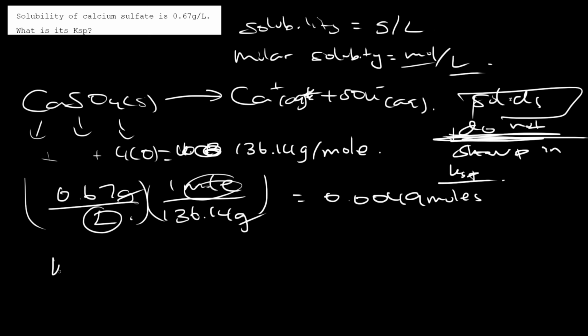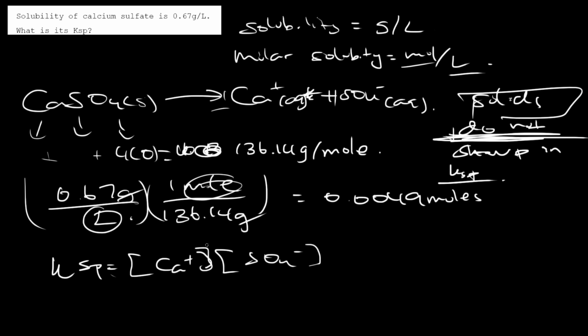So Ksp is equal to the concentration of Ca2+ times the concentration of SO4 2-. This is a 1-to-1 mole ratio, so the exponents are also 1. This means I have 0.0049 moles of calcium and 0.0049 moles of sulfate.